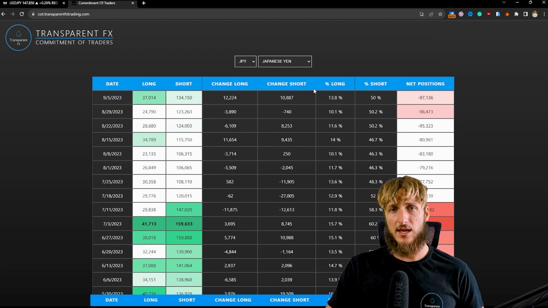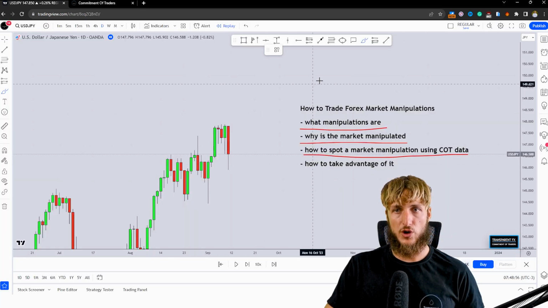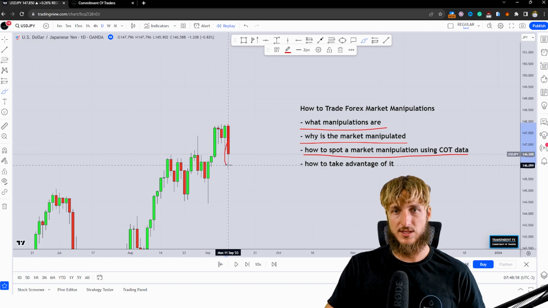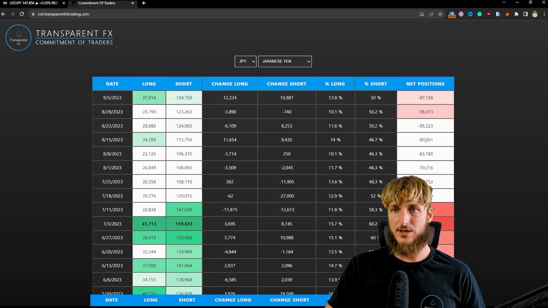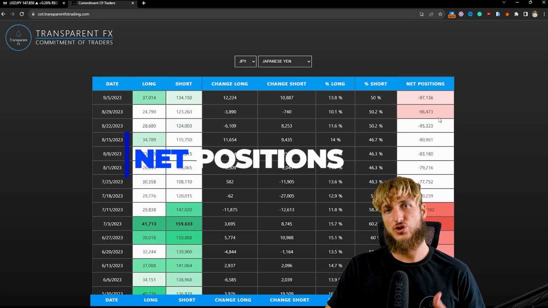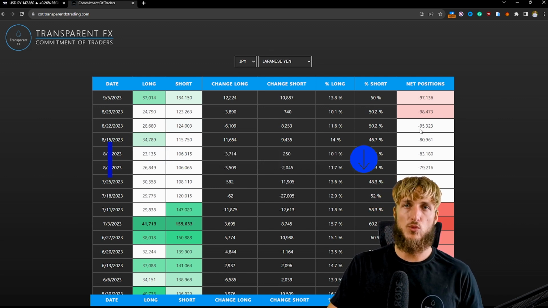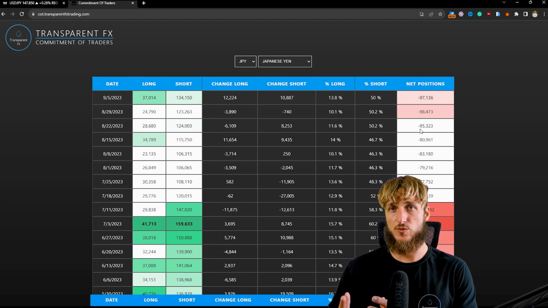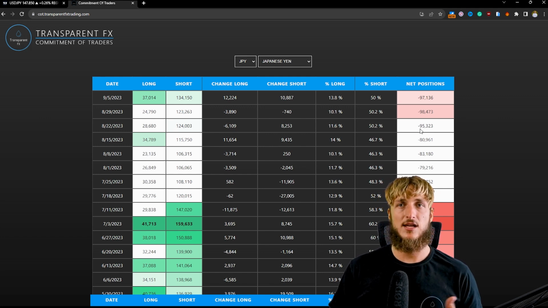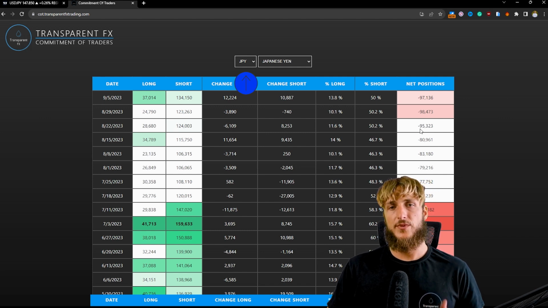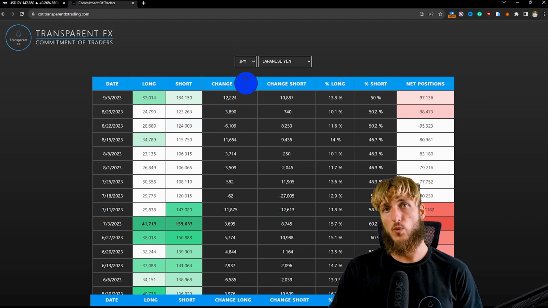So if we look here, for example, at what was going on when the market was creating this manipulation, we can see that their net positioning was actually decreasing on the JPY. So this means that essentially they were moving to the bearish side of the JPY. Now, what you have to keep in mind is that all currencies on the spot are traded against the USD. So actually what we're looking at here is JPY USD.